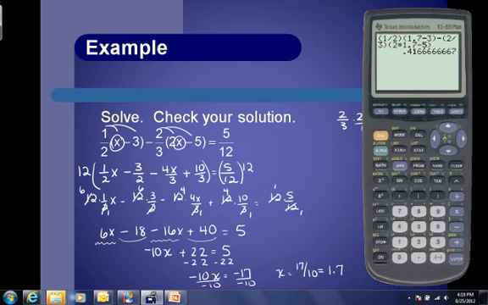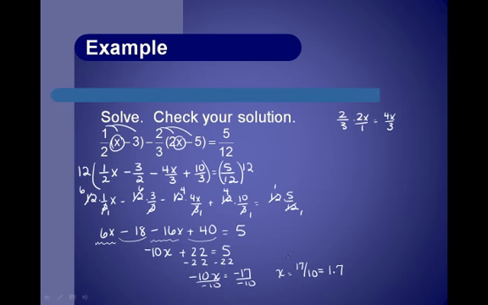So for the left-hand side of the equation, we get 0.41666 repeating. Then on the right side, the fraction 5/12 also gives us 0.4166 repeating. Therefore, we know that our answer is x equals 1.7.